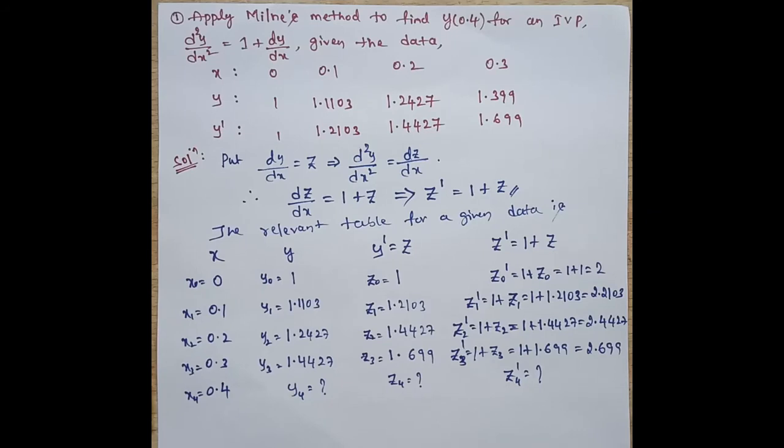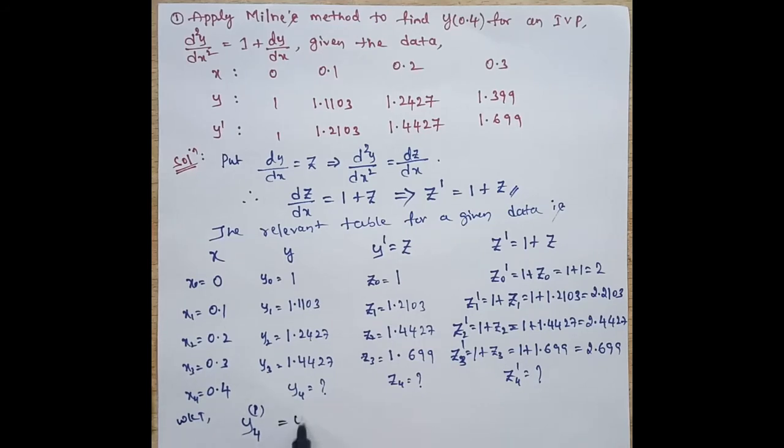Now, once this is constructed, we go to the next step. According to the procedure, the second step here is finding the predicted value. So, let us find the predicted value. We know that y4 power p, that means Milne's predictor formula.